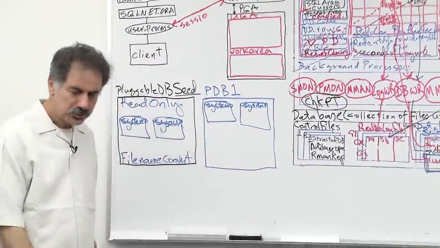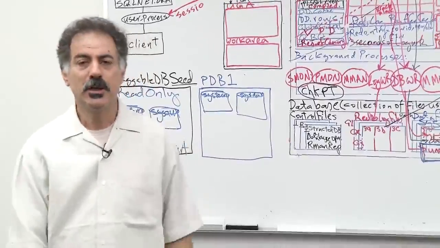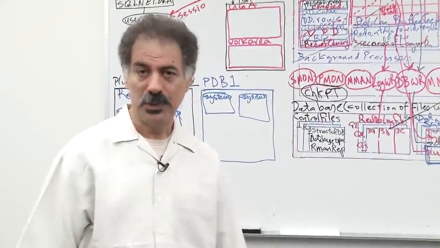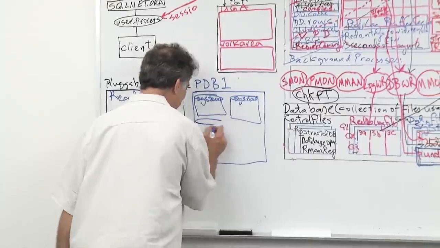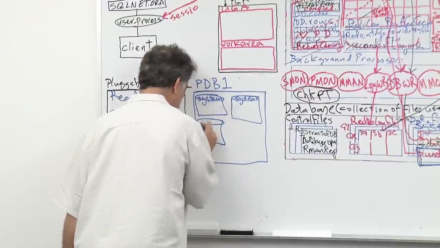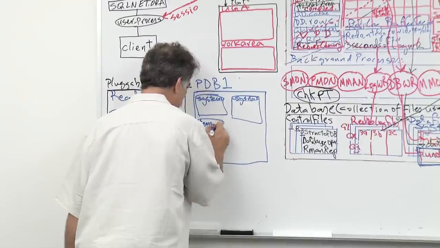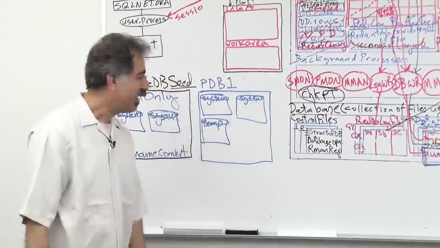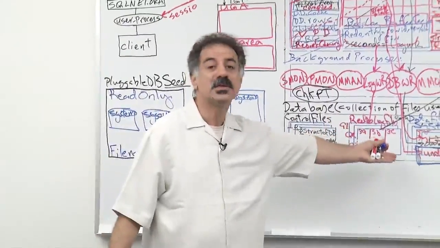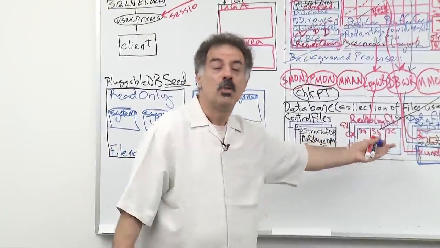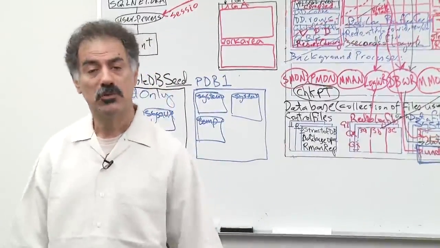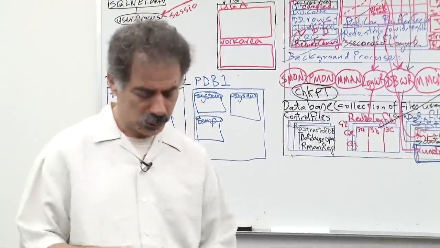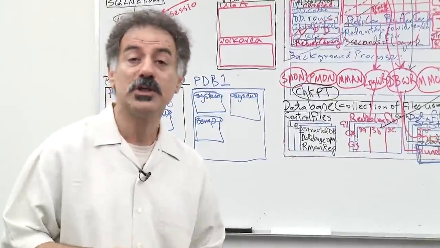Now, to deal with the temp, as we said, we have a choice. I can create a temp here locally, or I can use the temp from my CDB, from the container. Most of the time, you do want to create a temp at the PDB level. Remember, these are applications that do sorts, that do a whole bunch of operations.